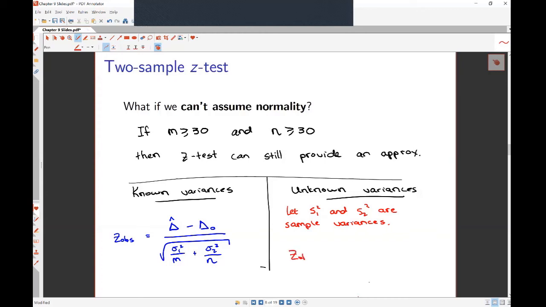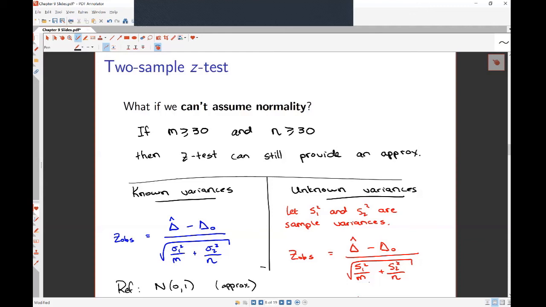So in this case, Z observed is just going to be delta hat minus delta naught over the square root of, sorry, my bad here, S1 squared over m plus S2 squared over n. But in both instances, your reference distribution is going to be a normal 0, 1, albeit that's an approximation that relies on application of the central limit theorem. So those are the two situations we're considering today.